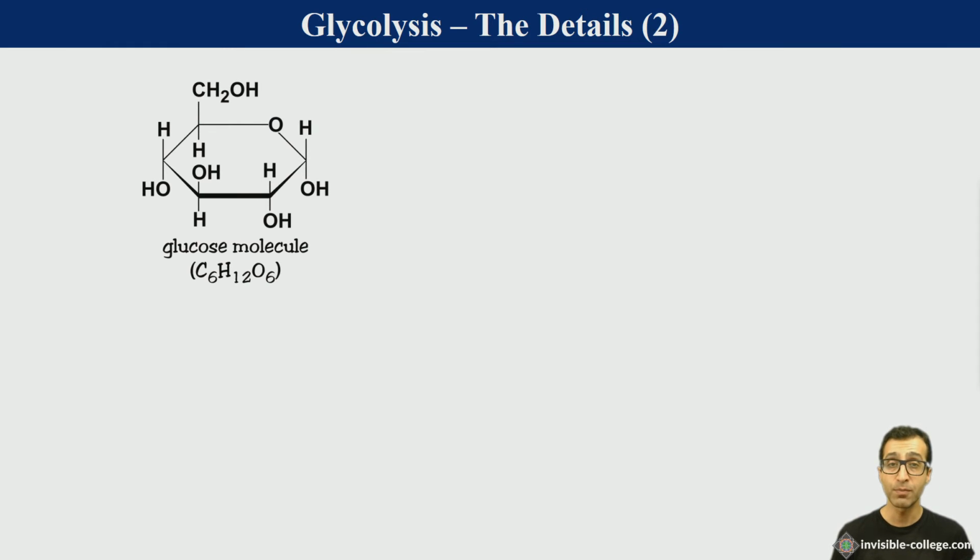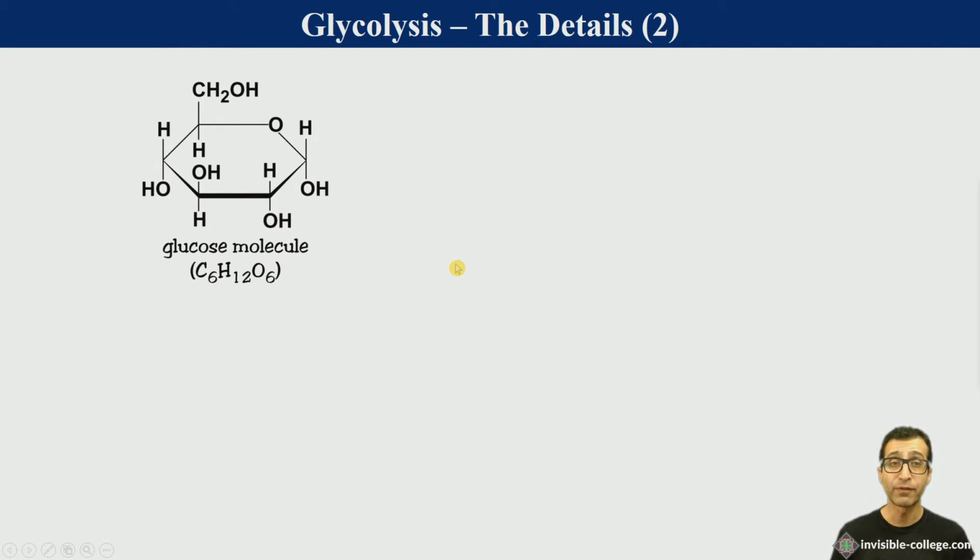So let's start by making reference to the structure of a glucose molecule. Now again, in the previous webinar on the subject of biological molecules, we go into the structures of monosaccharides and also complex carbohydrates in more detail, but for the moment it's enough to make reference to the structural formula that you see here.